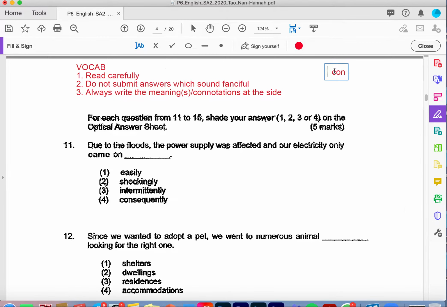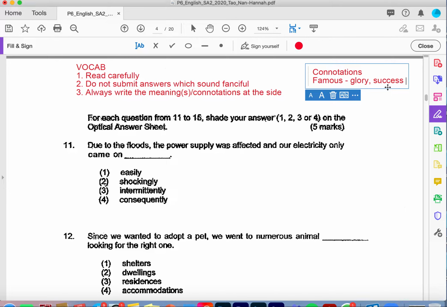So connotations are impressions of words. Sometimes words can have dual meanings, or they have a similar root word but mean different things. For example, the word famous usually creates a visual of glory, power, success.